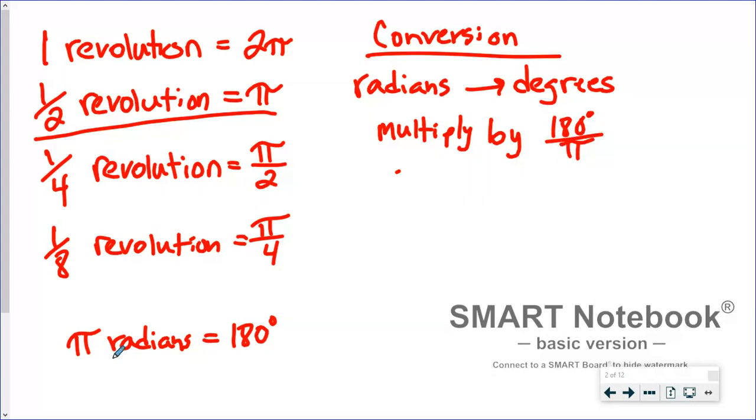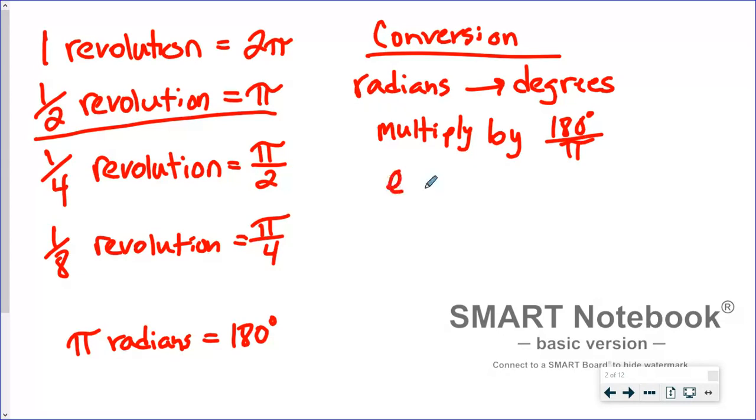Because we've just said that pi radians and 180 degrees are the same thing, correct? So anything divided by itself is 1. If you multiply something by 1, you're not really changing it. We're just changing the units.